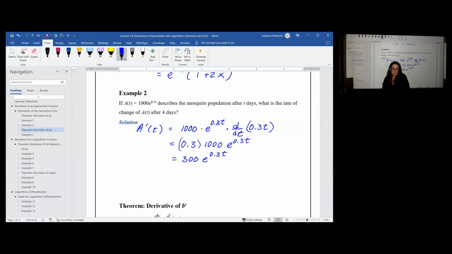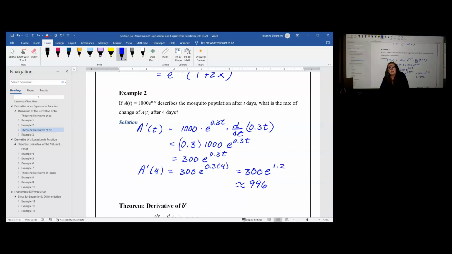Now I want to know what the rate of change is after 4 days. So I replace t with 4 in the derivative formula and compute. This will give me 300 times e to the 1.2 power, which turns out to be approximately 996.